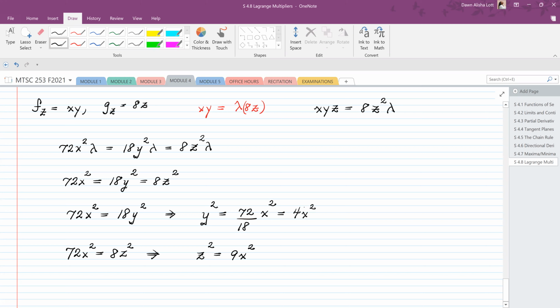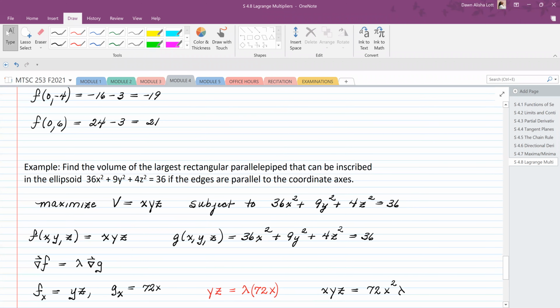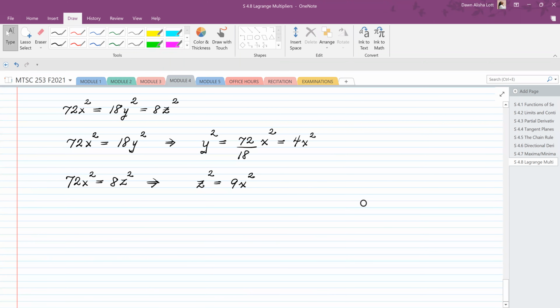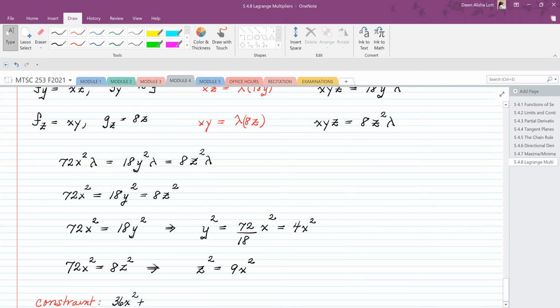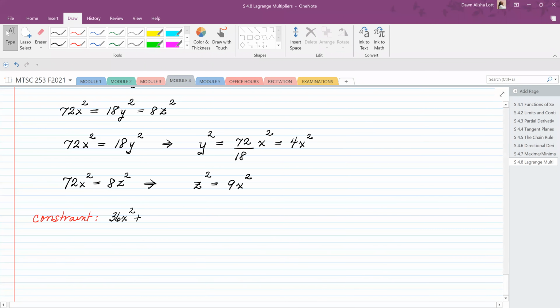Okay, so now I go to my constraint. So my constraint says 36x squared plus 9 times y squared.